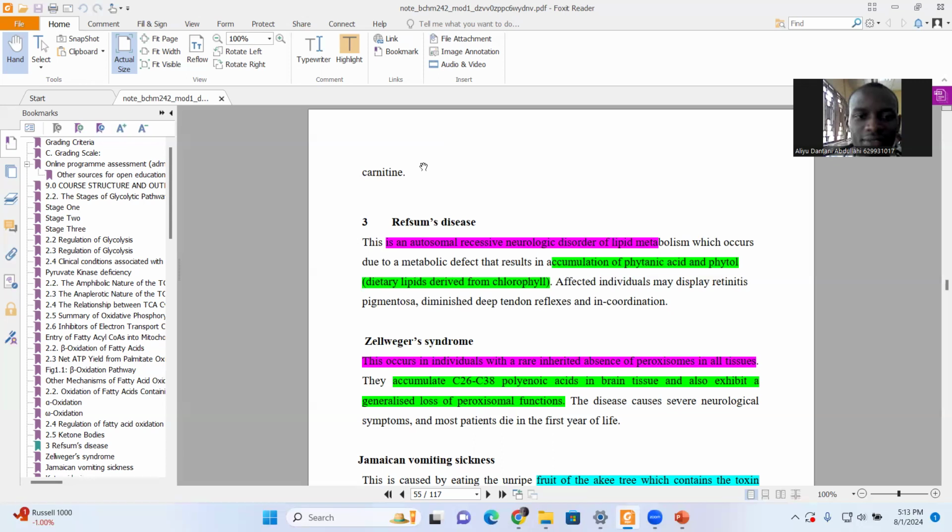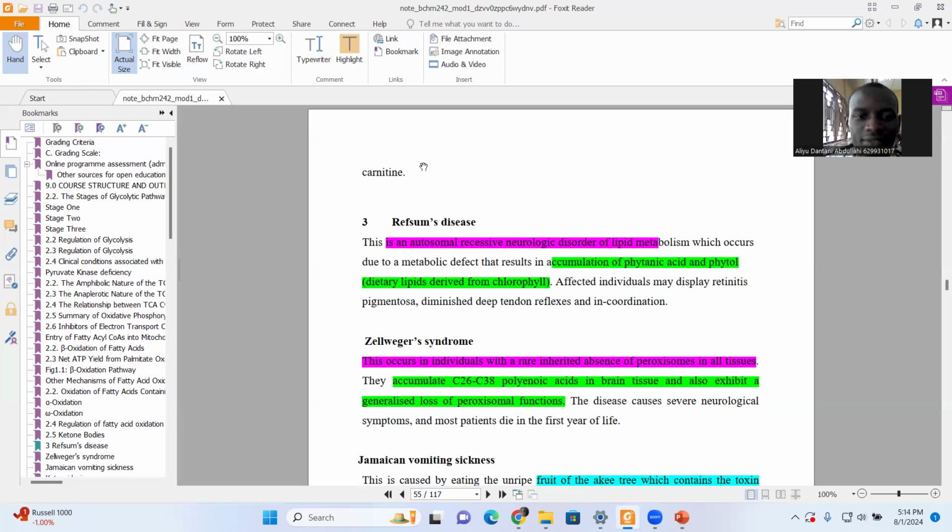So if alpha oxidation is defective, you're going to end up with Refsum's disease, because alpha oxidation is what gets rid of phytanic acid, converting it to a more suitable substrate for beta oxidation. And in the absence of that, we are going to have problems such as this disease, right?